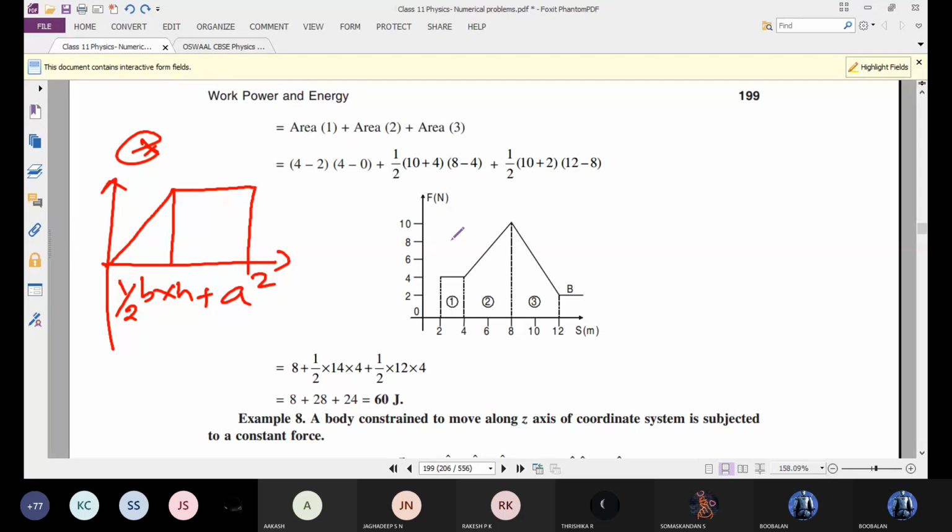Now we are discussing area 2 in this portion. So this is using base into height. Okay, the base value and the height value, maximum height. See that at this point, this is 10. And at the edge point, it is the last turning point.